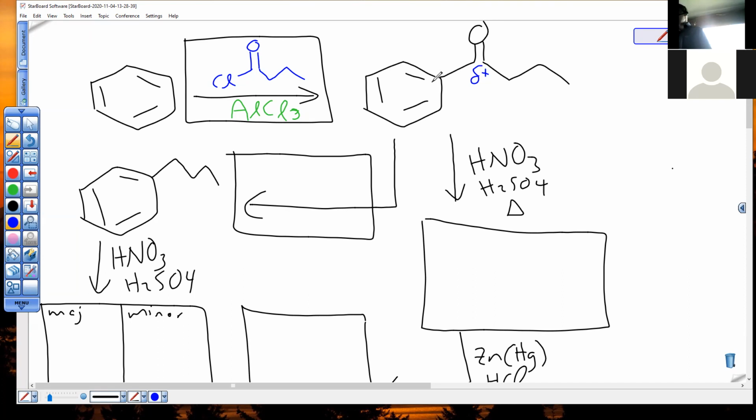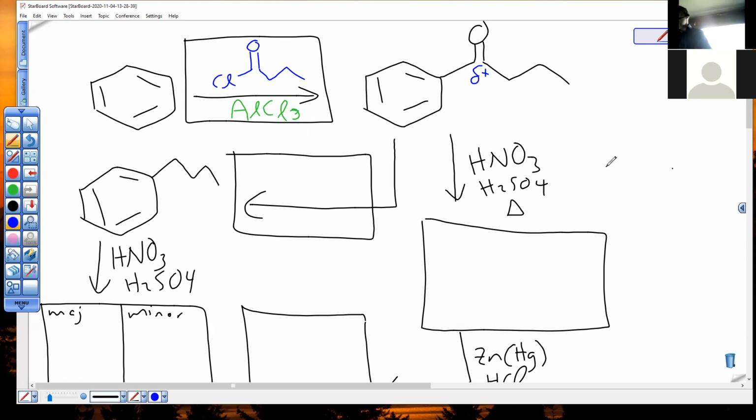And that was the ortho-para mechanisms that both had one resonance form with a cation there. Do not go ortho or para when there's a group on benzene that has a positive or slightly positive charge. It's going meta. Your next group is going meta. So you can put it here or here. It doesn't matter. They're equivalent.